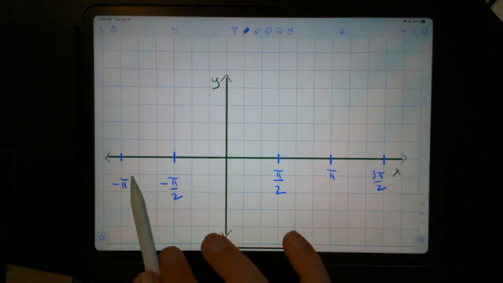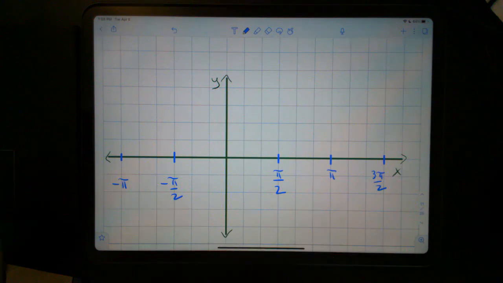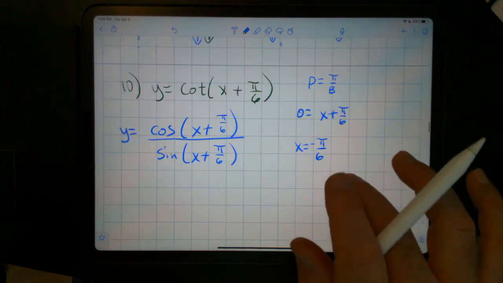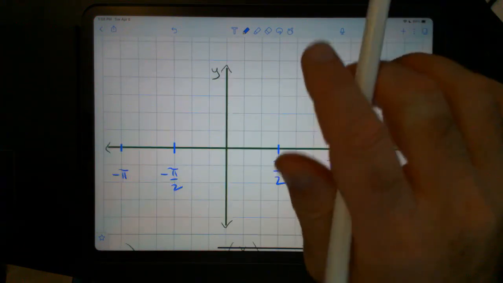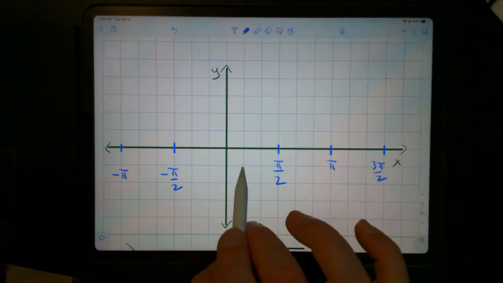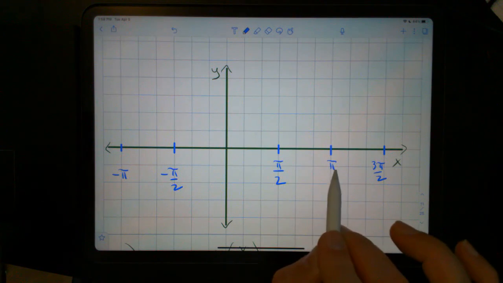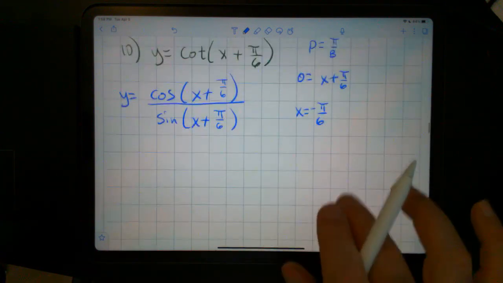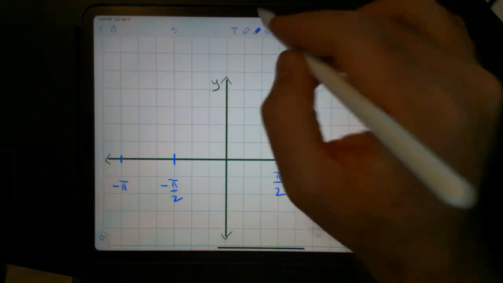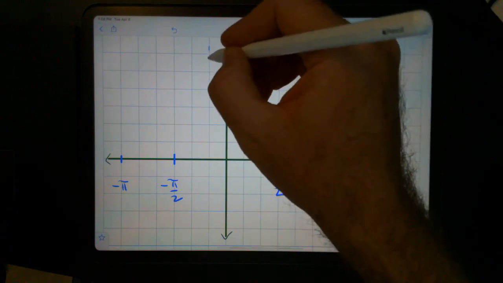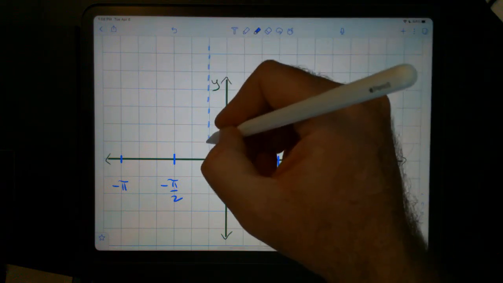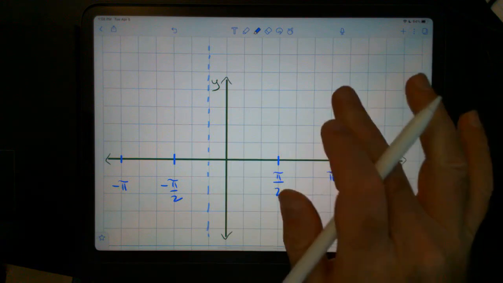I've marked this into 1/6 intervals, so that this is 1 pi over 6, 2 pi over 6, 3 pi over 6, 4 pi over 6, 5 pi over 6, and 6 pi over 6. So there is where we have one asymptote.